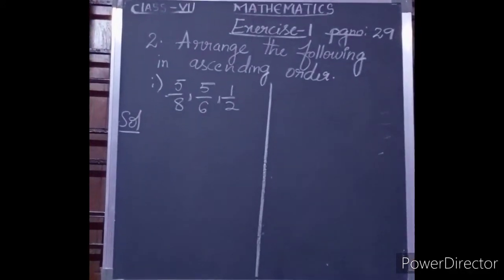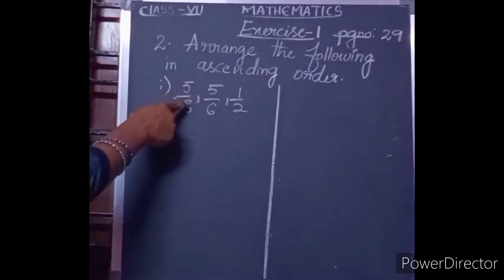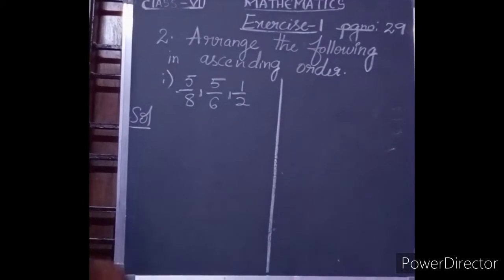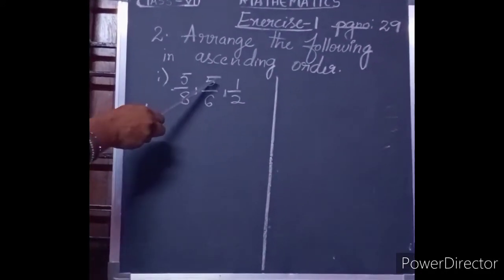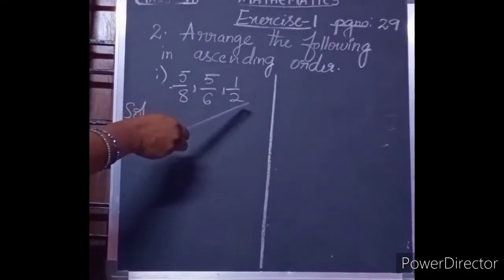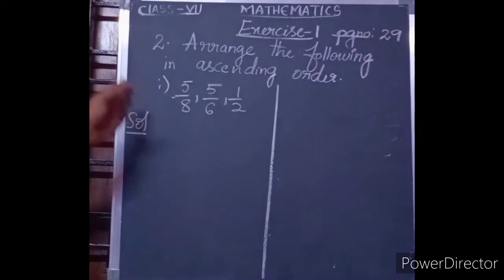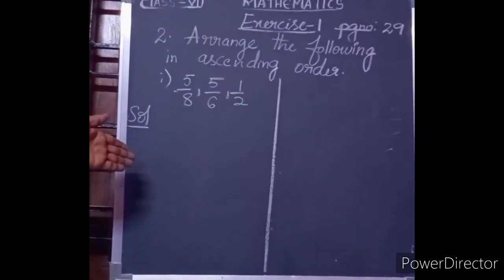Arrange the following in ascending order. So first we have to take LCM. Why? Are they like fractions children? See the first fraction 5 by 8. Next 5 by 6, 1 by 2. If they are like fractions only, we can arrange them in ascending order.